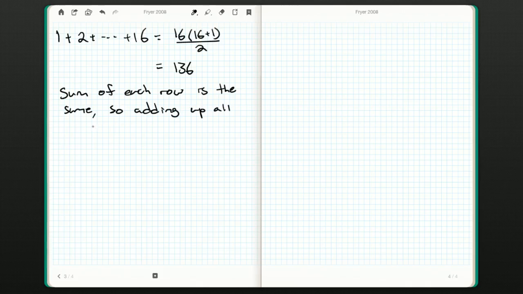Now, in this 4x4 grid, we have 4 rows. So if we add up all 4 rows, we get 4m, where m is the magic constant.